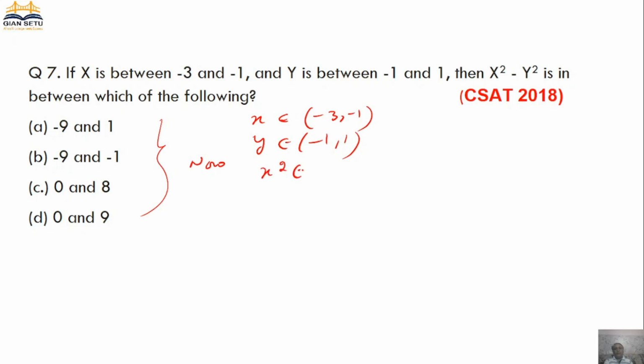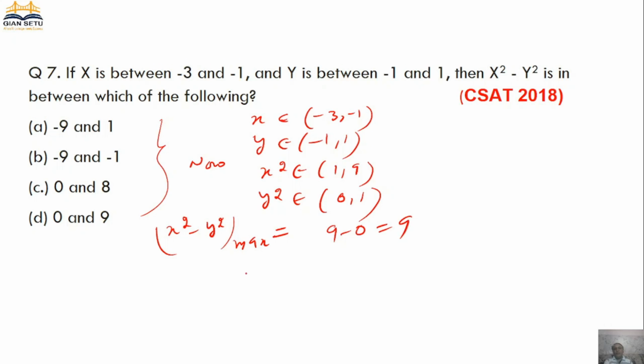Now x square can be from 1 to 9 and y square can be from 0 to 1. Now in the question we have x square minus y square. So the maximum value of x square minus y square will be when x square is maximum, that is 9, and y square is minimum, that is 0, it will be 9.